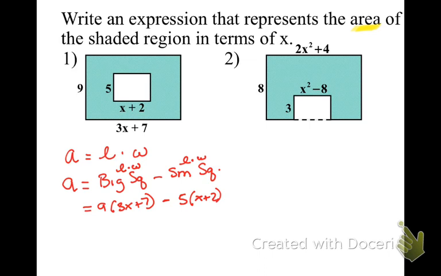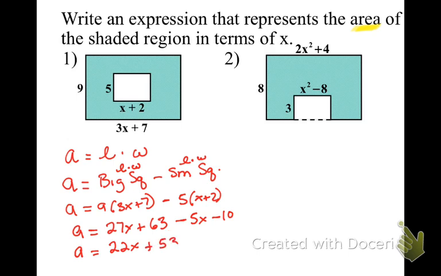And we can simplify that. A equals 9 times 3x is 27x plus 63, sorry, minus 5x minus 10. Combine our like terms and I get the area is equal to 27 minus 5 is 22x plus 53.